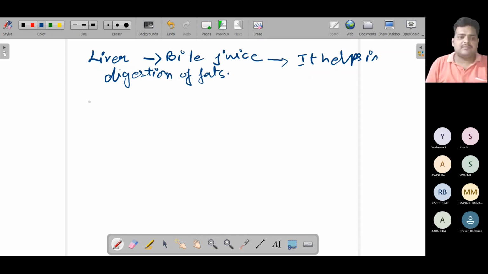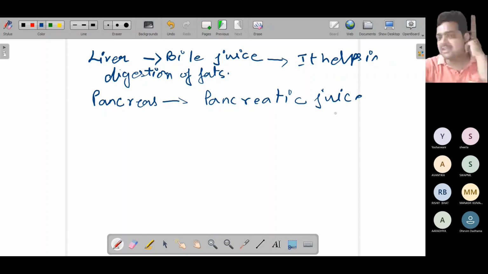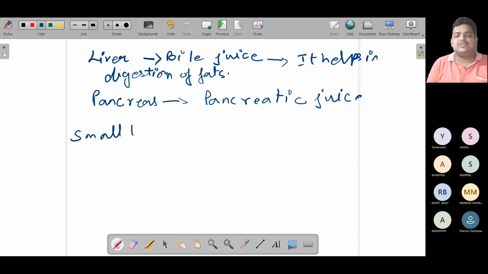Then pancreas. Our pancreas secretes pancreatic juice. See, liver secretes bile juice, pancreas secretes pancreatic juice, and our small intestine secretes intestinal juices.